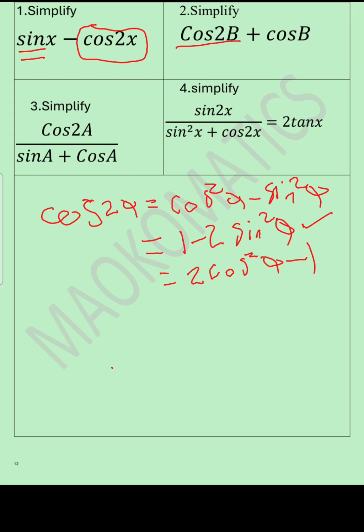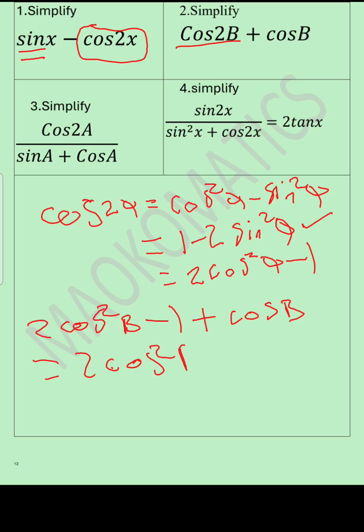So you change it into 2 cos squared b minus 1 plus cos b, which you can put nicely as 2 cos squared b plus cos b minus 1.